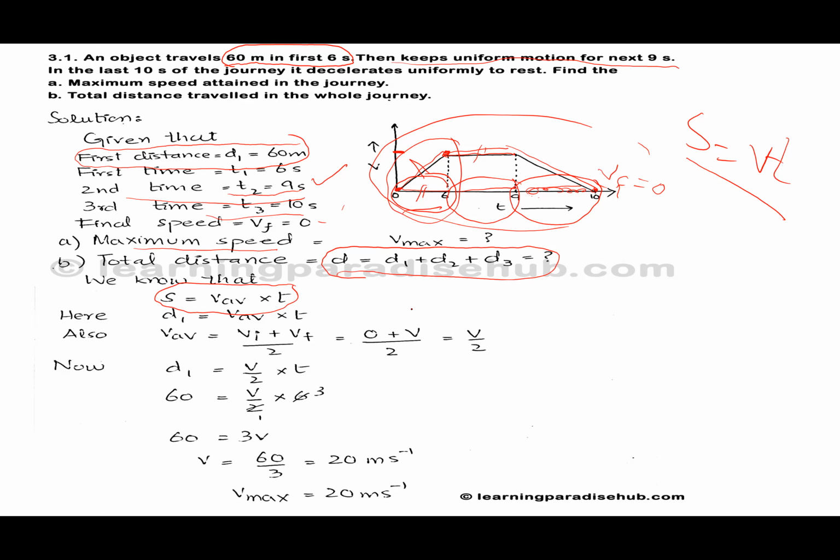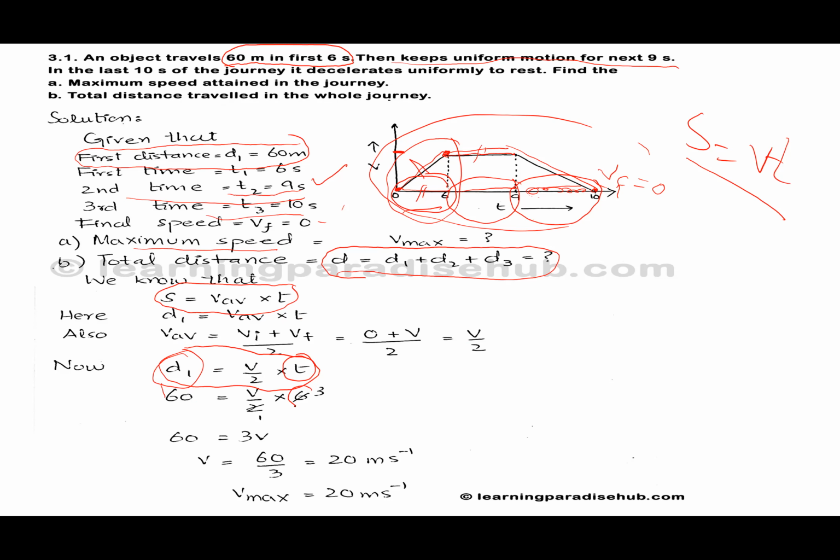V average is equal to initial velocity plus final velocity divided by 2. So d1 is equal to V divided by 2 into t. d1 is 60 meters, it is given. V we have to calculate, and time is also given. It is 6 seconds. So after simplification we will get V equal to 20 meters per second.